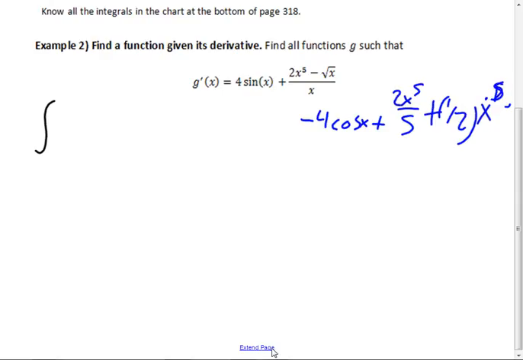Well, Justin skipped a few steps because he didn't divide this out for you. This is equal to 2x to the fourth minus x to the 1/2 over x. That becomes x to the negative 1/2.